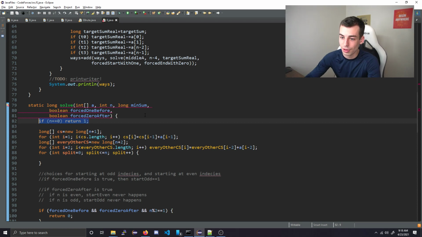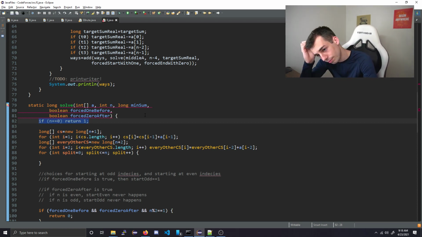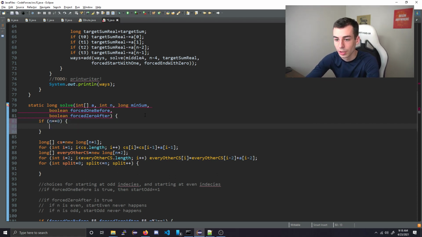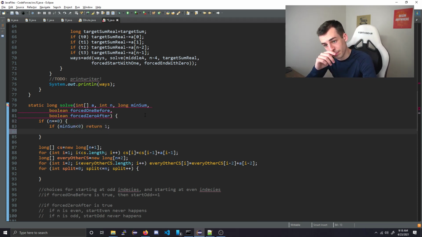If n equals 0, if min-sum is less than 0, return 1. What if min-sum is equal to 0?